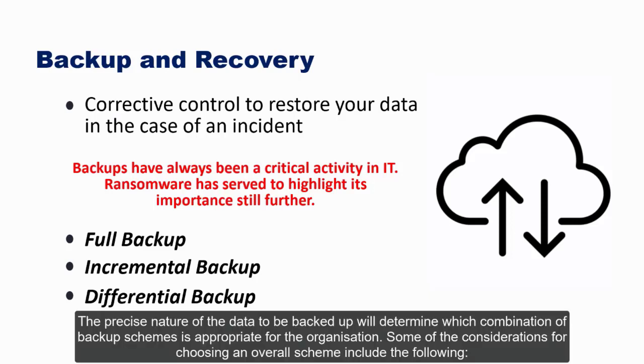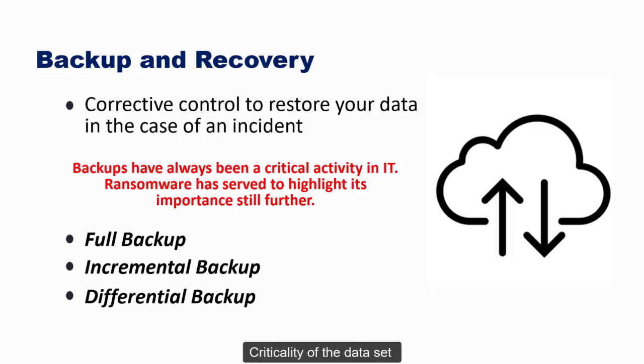The precise nature of the data to be backed up will determine which combination of backup schemes is appropriate for the organization. Some of the considerations for choosing an overall scheme include the following: criticality of the dataset, size of the dataset, frequency of change of the dataset, performance requirements and the impact of backup jobs, recovery requirements.